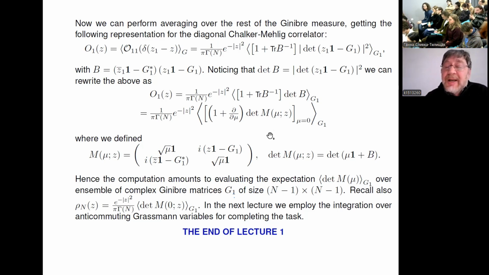It will be done by some steepest descent or Laplace or a variant of the Laplace method. But I will give a full account of this procedure. I plan to give it tomorrow in the second lecture.